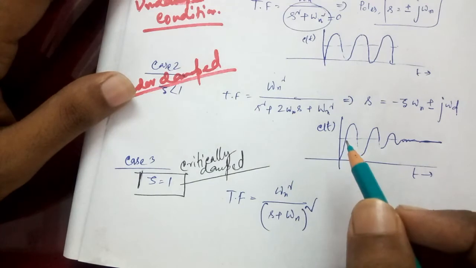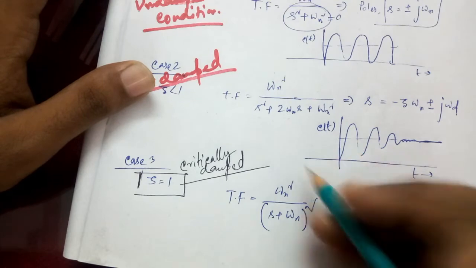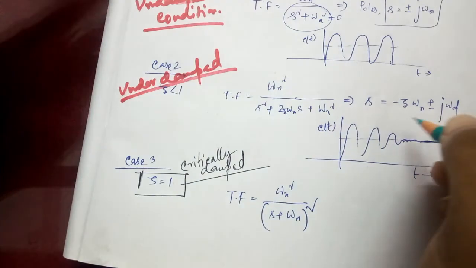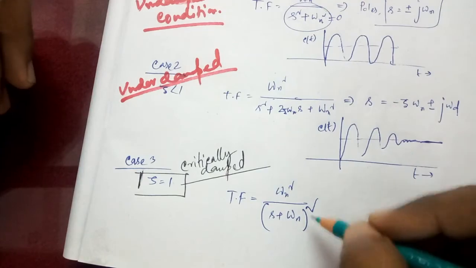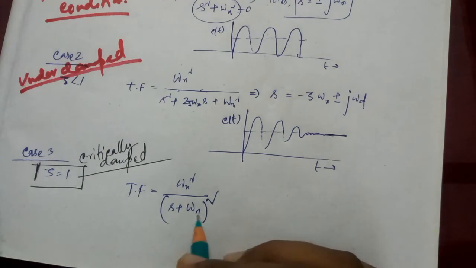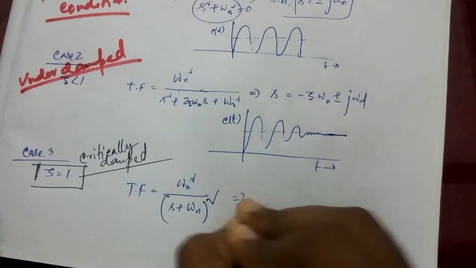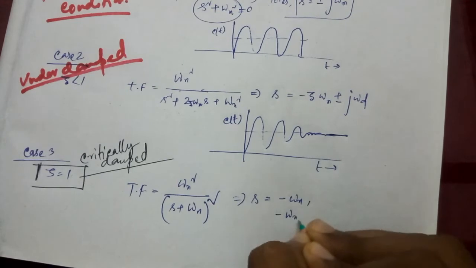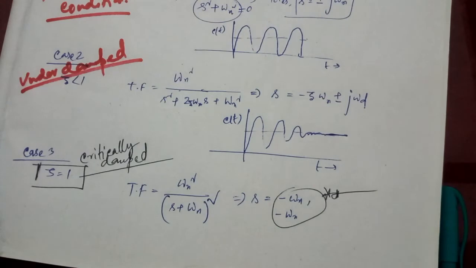With zeta it is calculated, but in this case zeta is only 1. So in the critically damped case, the transfer function will be omega n square by s plus omega n whole square. From here we can see s is equal to minus omega n and another value, that is also minus omega n. Very important.